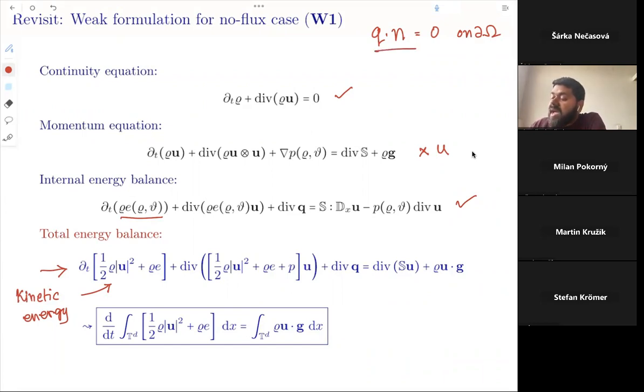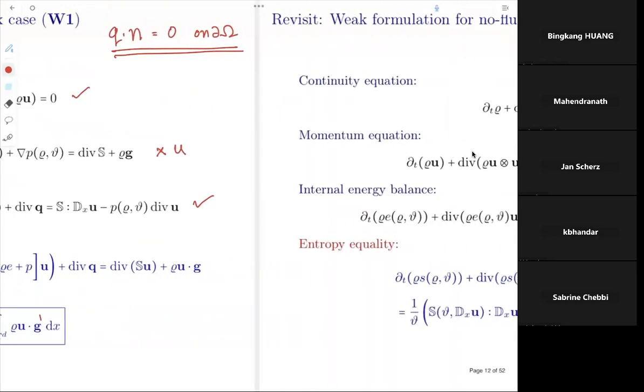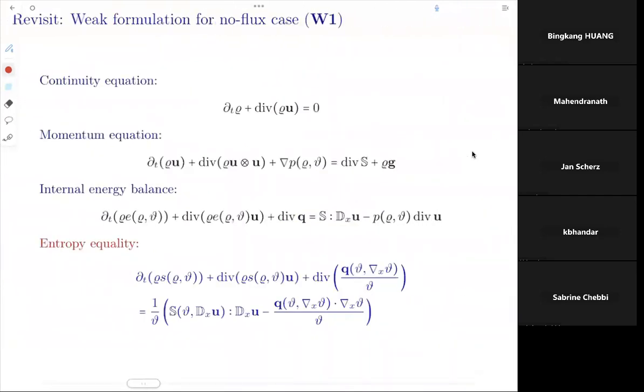Now we use the fact that the flux is 0, and this gives us this particular identity: the time evolution of the total energy, the internal energy plus the kinetic energy, is basically given only by the external forces. So for simplicity, if you consider the external force to be 0, you can see that the total energy is conserved.